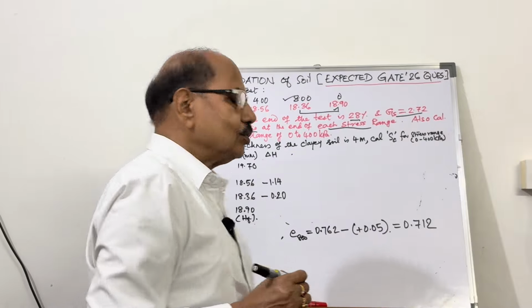So this becomes this. And then you can also calculate the value similarly at 400. So at 400 to 800, that can be also calculated. For this pressure range, you are going to calculate like this.